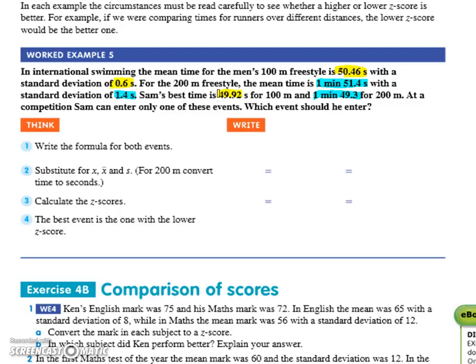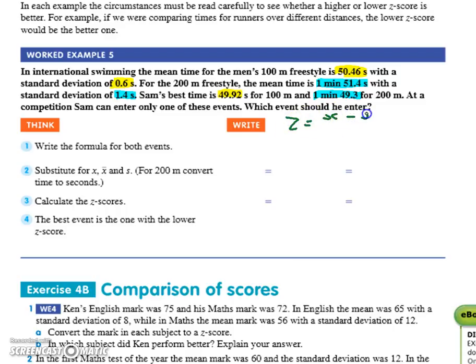Sam's best time is 49.92 for the 100 and 1 minute 49.3 for the 200. At a competition, Sam can only enter one of these events. Which one should it be? Well, let's double check. Let's work out what he should enter.